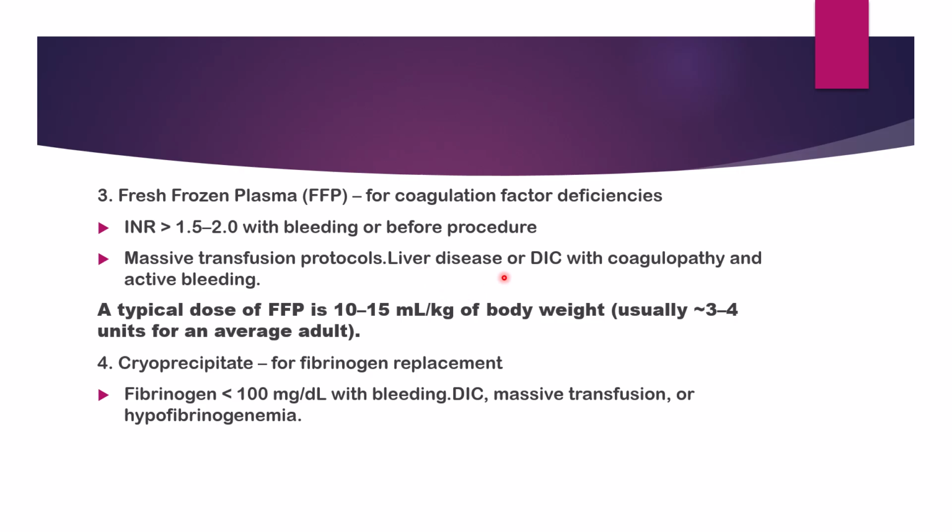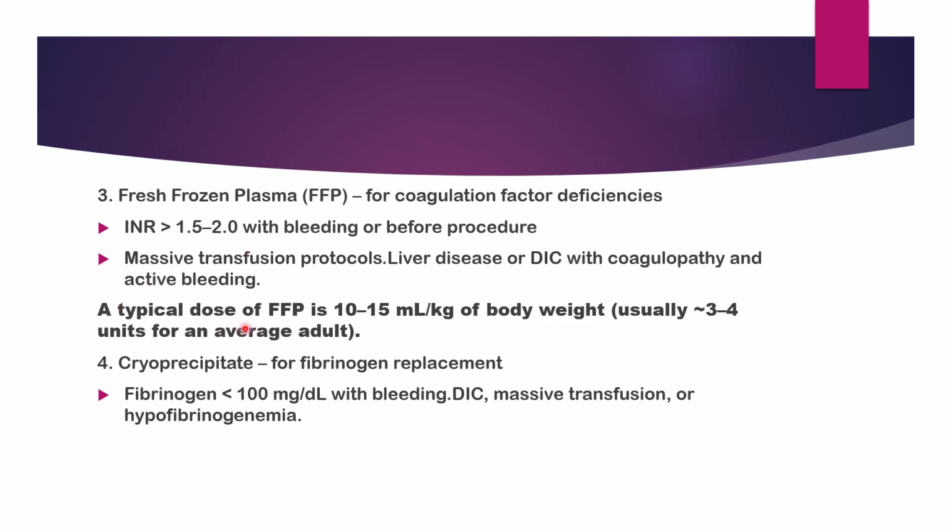In liver disease, we all know that the liver produces most of the coagulation factors, clotting factors. So in liver diseases, we need to transfuse fresh frozen plasma. In DIC, that is disseminated intravascular coagulopathy, and other coagulopathies or active bleeding, we have to transfuse fresh frozen plasma in order to prevent bleeding.